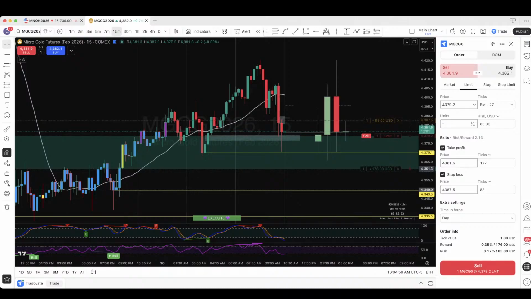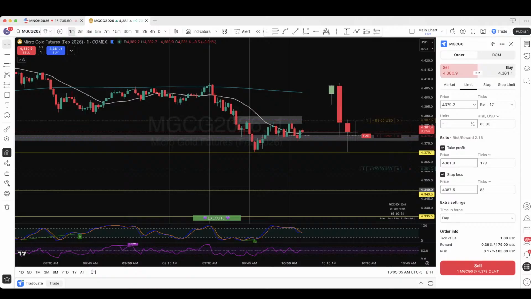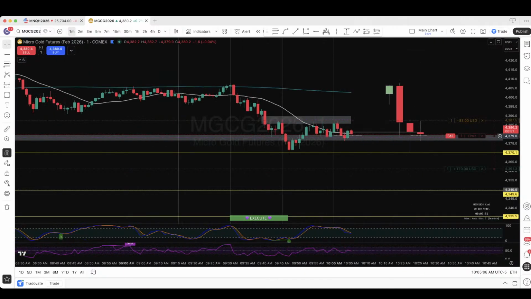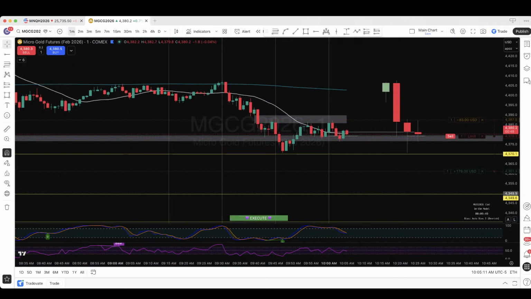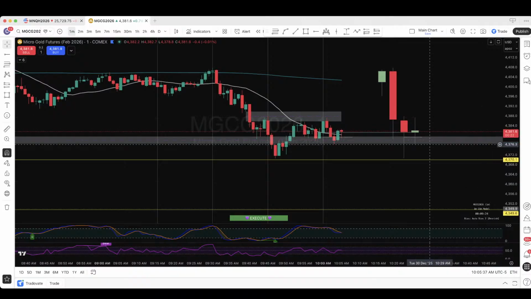I don't like the RR. I don't like the trade, period. Looks like it's coming back for it. So I'd like to see this not do that. I'd like to see this be more aggressive on these, right?